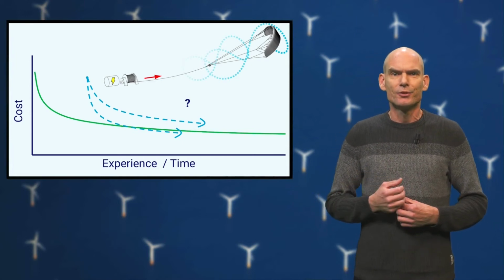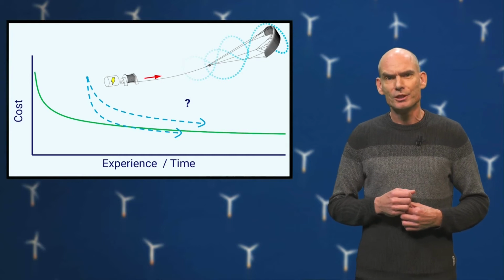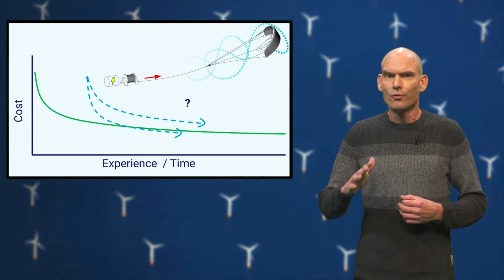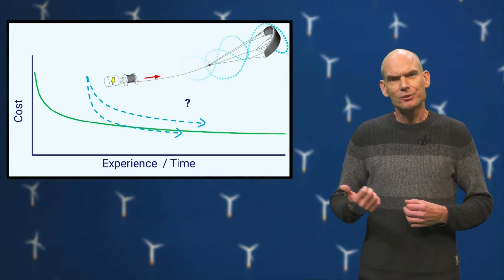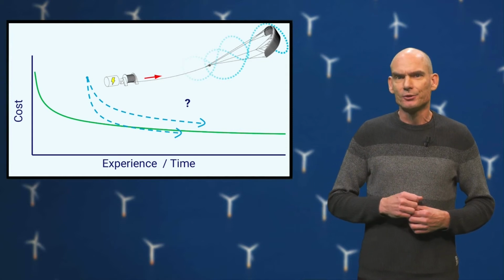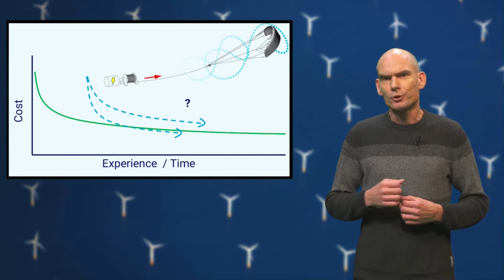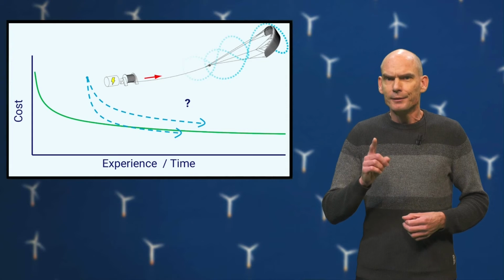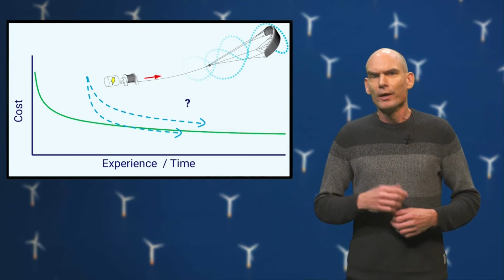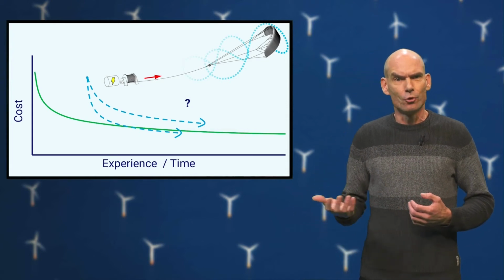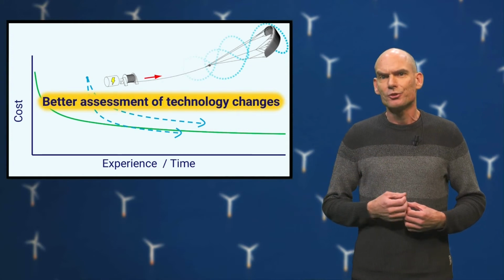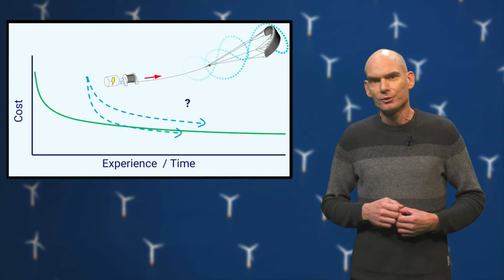The assessment of the potential of new technology suffers almost per definition from a lack of models for both the physics and the performance indicators. It also suffers from a lack of knowledge of the final working design solution, where all teething problems have been solved. We need better assessment processes for technology changes.